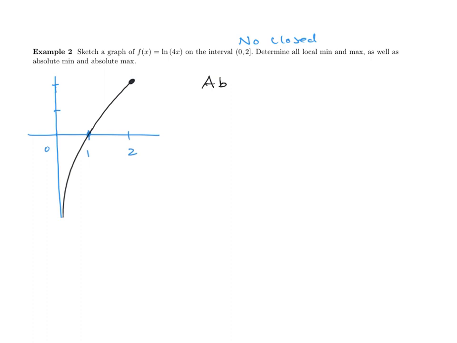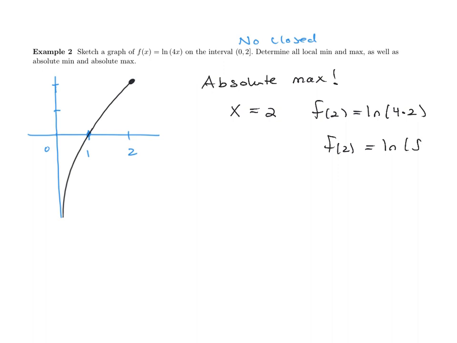So there is an absolute max. And the exact value of it occurs at x is equal to 2, and that value is f of 2, which is the natural log of 4 times 2, which is the natural log of 8. So there is this value that is an absolute max, and it occurs at this value.